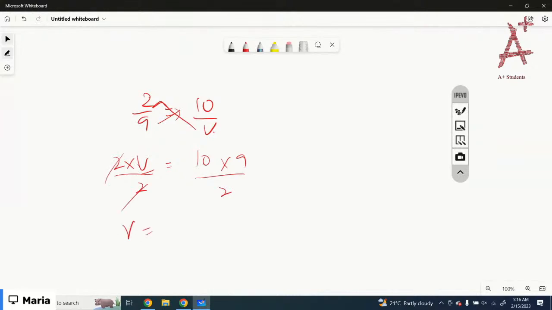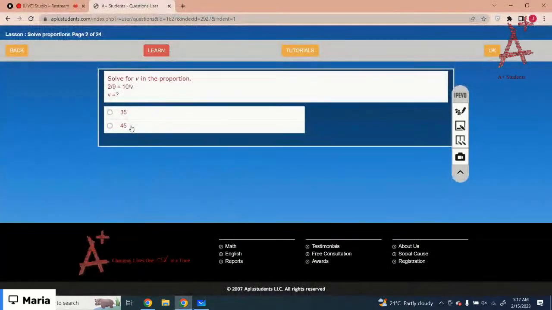You are left with V only. 2 times 5 is 10, so you are left with 5 times 9, and 5 times 9 is 45. So the correct option is 45.